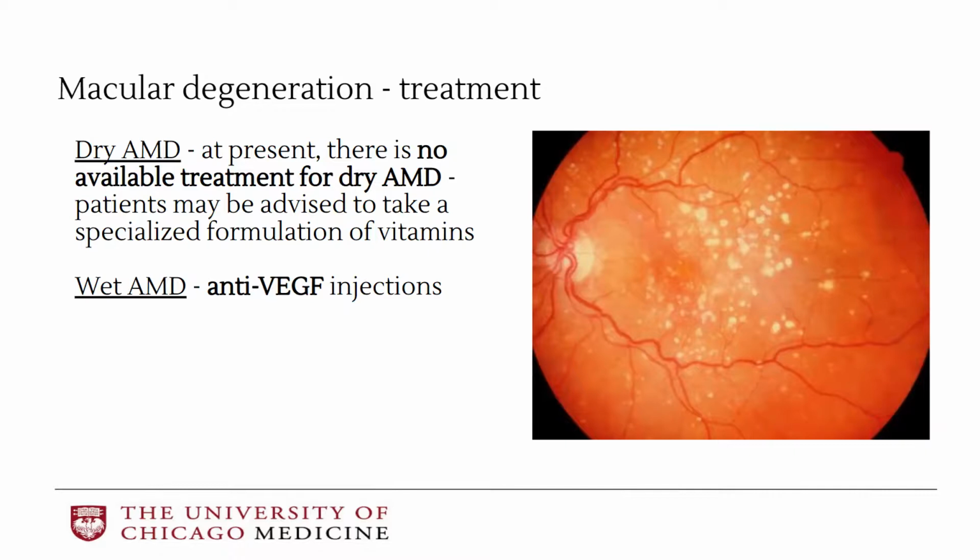They are special formulations based on a clinical trial that found some benefit. And for wet macular degeneration, generally there are injections into the eye. The eye is completely numbed and this medication is delivered, and that helps to get rid of the fluid.